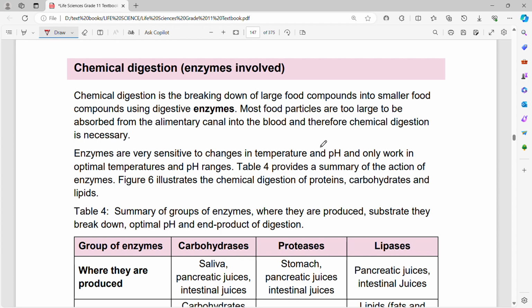Most food particles are too large to be absorbed from the alimentary canal into the blood, so we require chemical digestion, right? We will break down these food particles using chemicals into even smaller particles. Then enzymes. Enzymes are very sensitive to changes in temperature and pH, and they only work at the optimal temperature. So if the temperature is too high or too low, enzymes won't work.